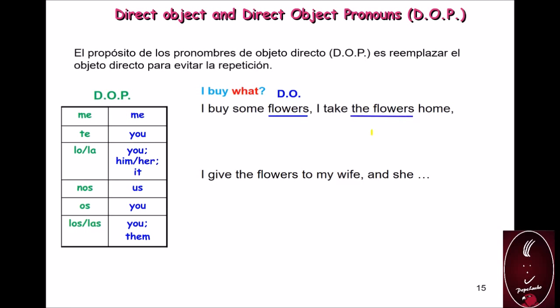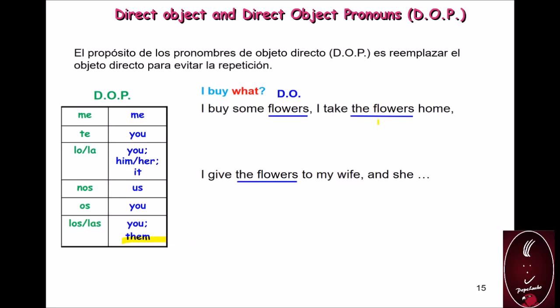Which direct object pronoun should I use to replace the flowers? I should use them.